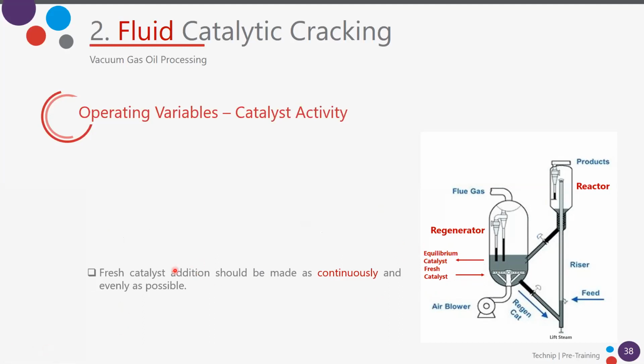This addition of the fresh catalyst should be made as continuously and evenly as possible, okay? So this is another important variable that you can adjust, okay? Because you will have the responsibility of good management of the catalyst to have a proper catalyst activity.